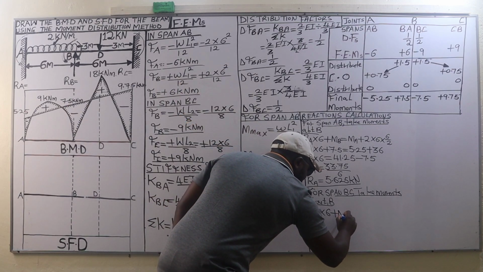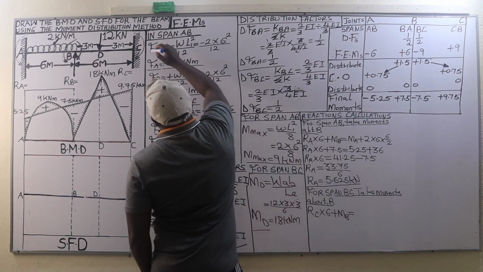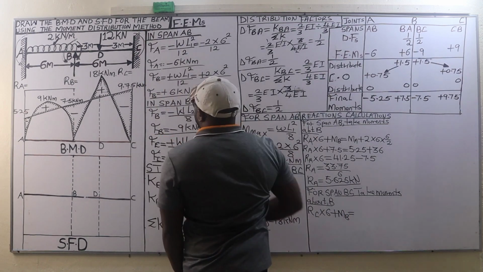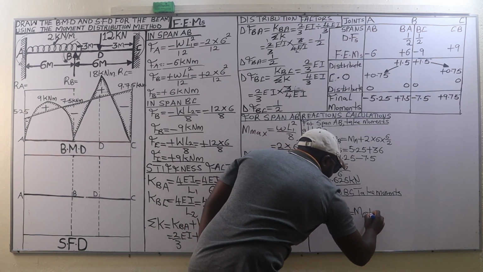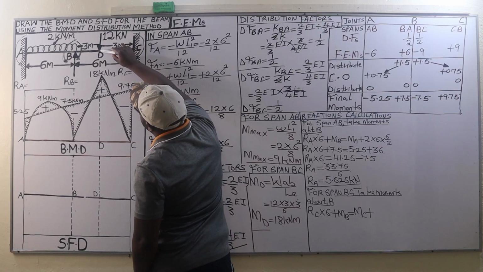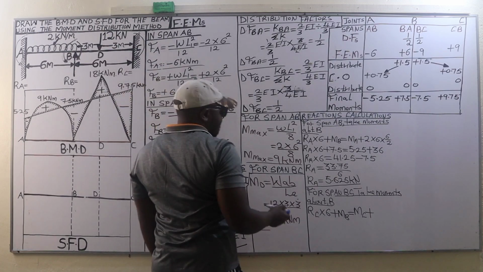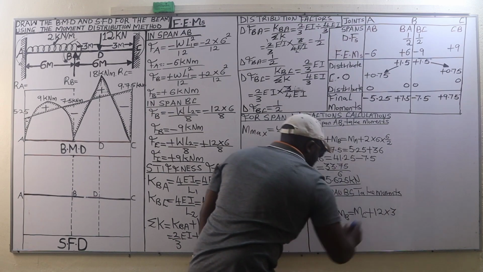So we add MB. This is going to be equal to a clockwise moment at C, that is bending moment at C, MC, plus another clockwise moment of 12 times the distance from D to B, which is 3 meters. So that's going to be 12 times 3.